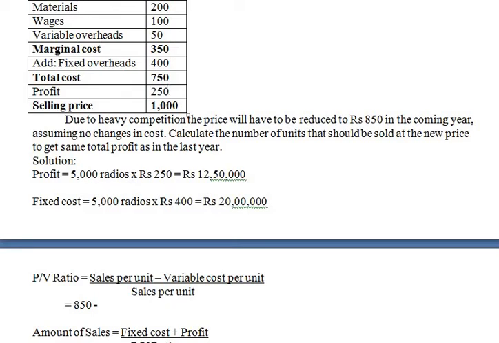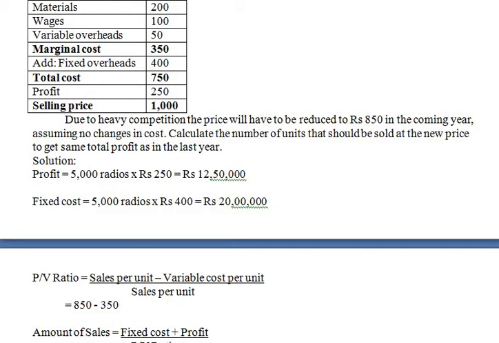Now variable cost, go through the problem. They have given us the chart. We will assume marginal cost as variable cost, because materials depend on how much you are producing and how much material is required, so it keeps on varying. Even wages keep on varying, and variable overhead. So the total of these, 350, we are going to take here.